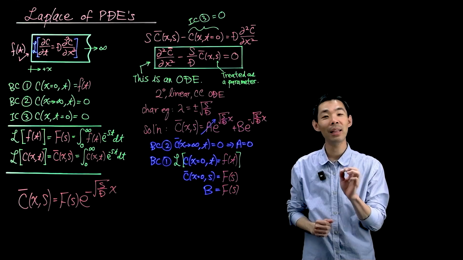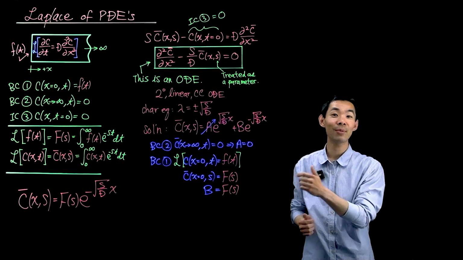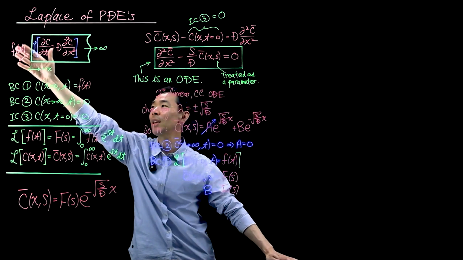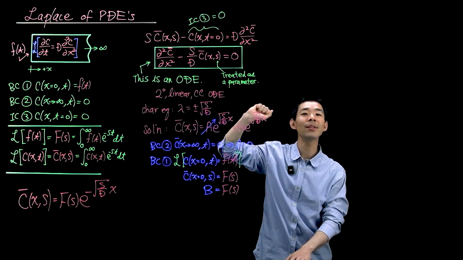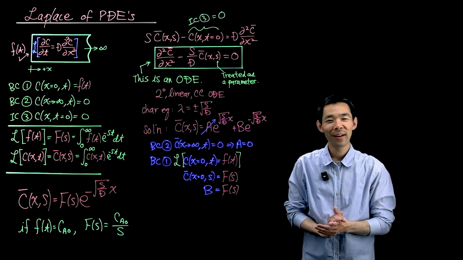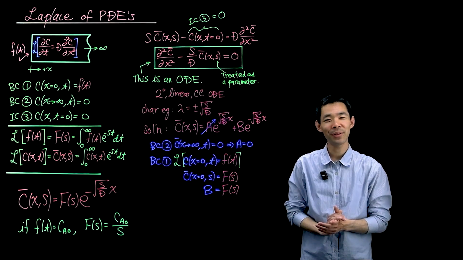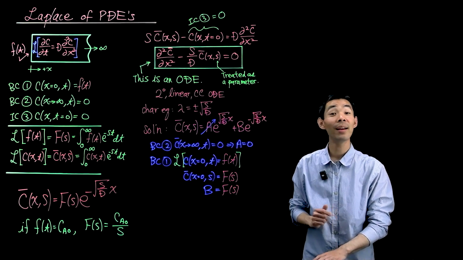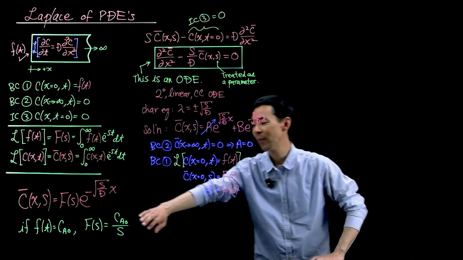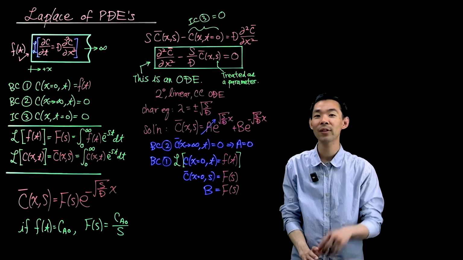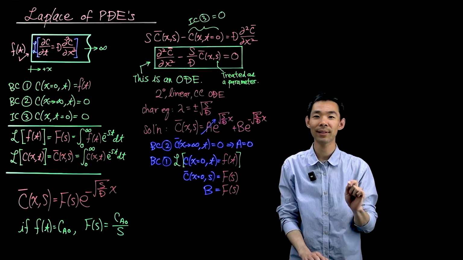Let's check the limiting case, the same case we checked last time, where little f of t is just some constant concentration equal to C A naught. If the boundary at x equal to 0 has a constant concentration C A naught, then obviously the Laplace transform of that is just going to be C A naught divided by s. Again, the Laplace transform of 1 is 1 over s.